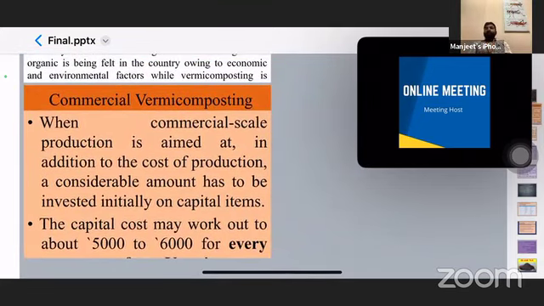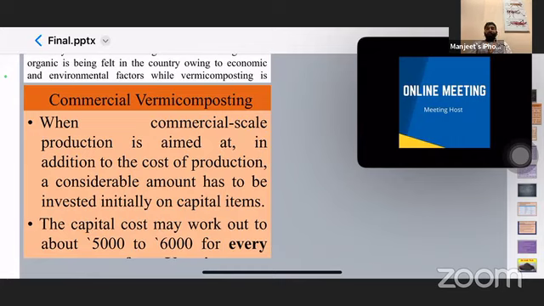When we talk about commercial vermicomposting, in addition to the cost of production, a considerable amount has to be invested initially on capital items like sheds, transport, machinery, etc. The capital cost may work out to about 5 to 6,000 for every ton of vermicompost production capacity.